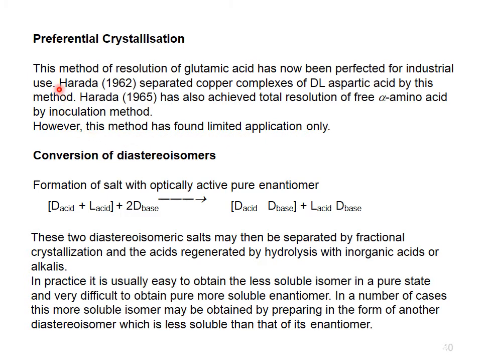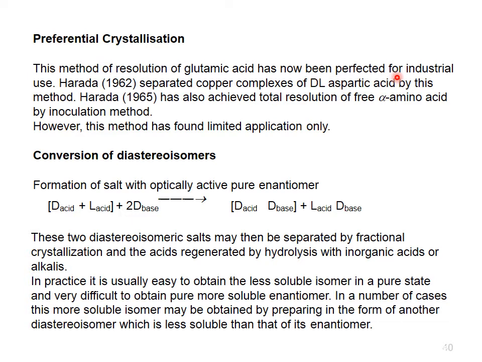Then there is conversion to diastereomers, formation of salt with optically active pure enantiomer. This is the D acid, this is the L acid, this is D base, then it will form D acid D base, then L acid D base. These two diastereomeric salts may then be separated by fractional crystallization, and the acid regenerated by hydrolysis with inorganic acids or alkalis.